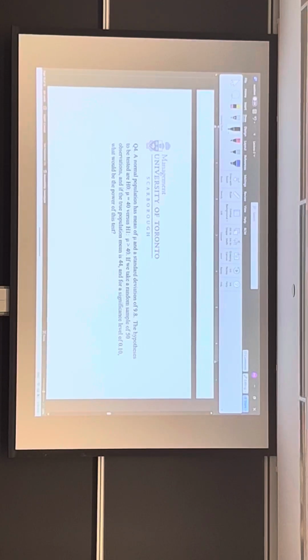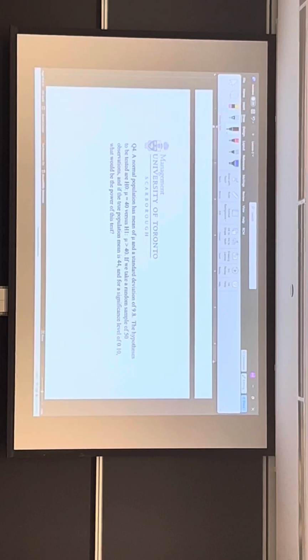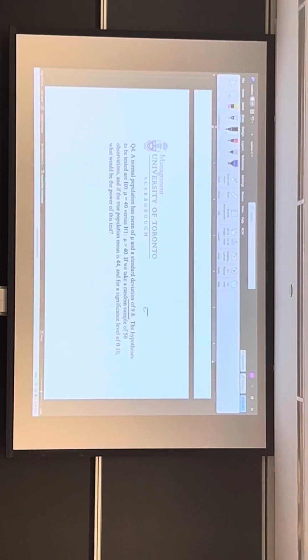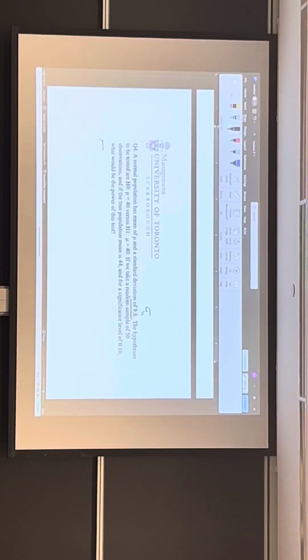Going back to calculation of beta. A normal population has a standard deviation sigma of 9.8. The sample size is 50. The true population mean is 44.